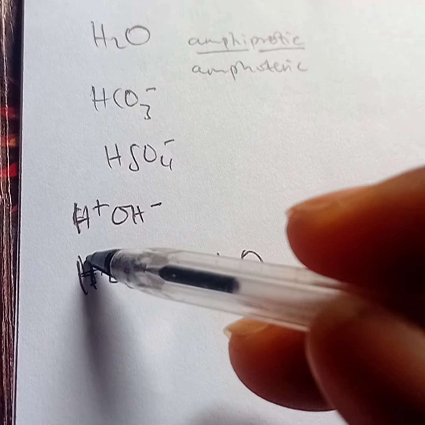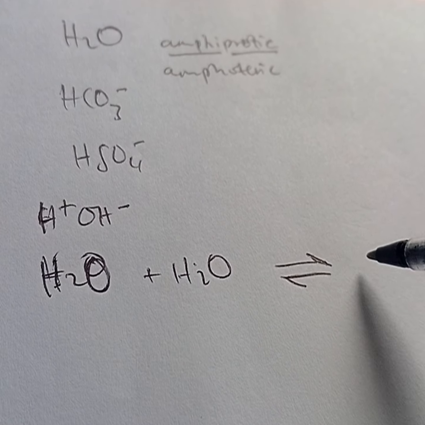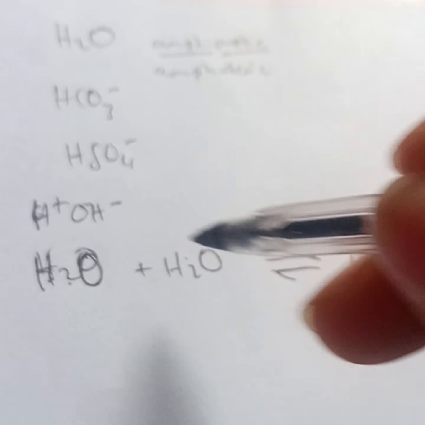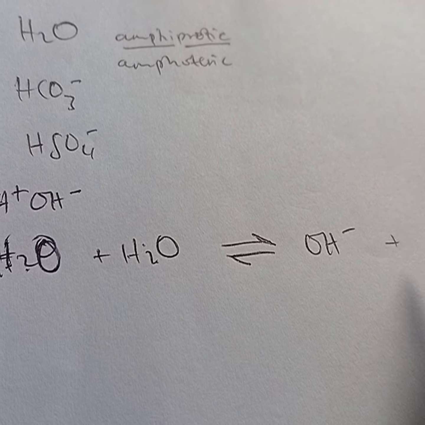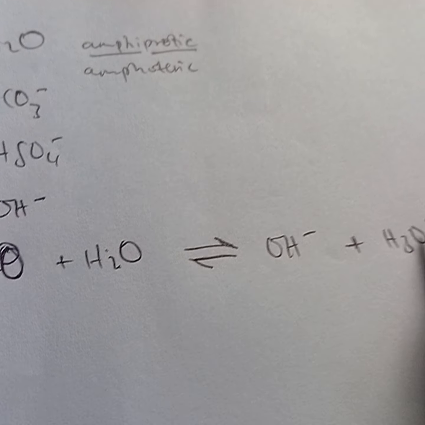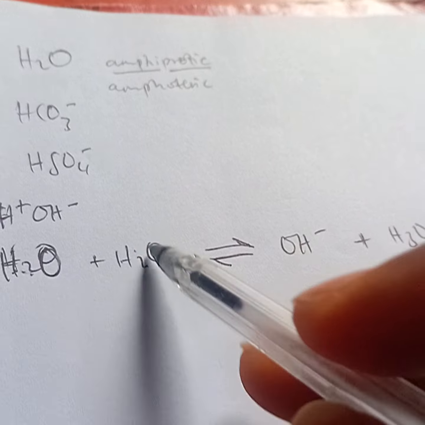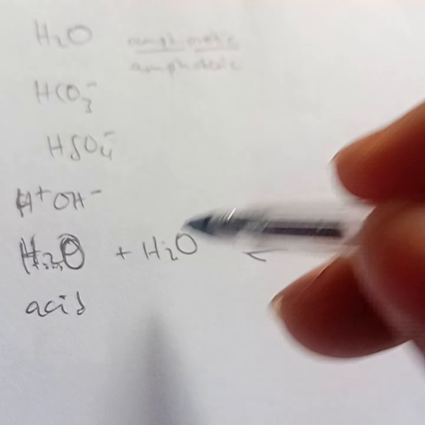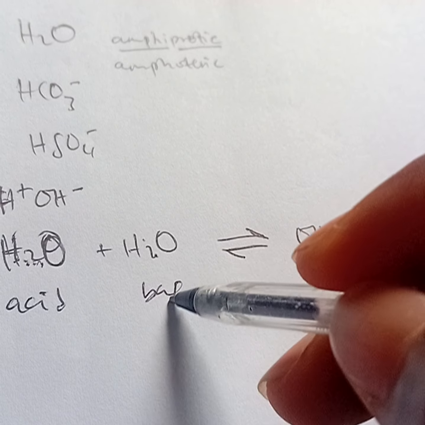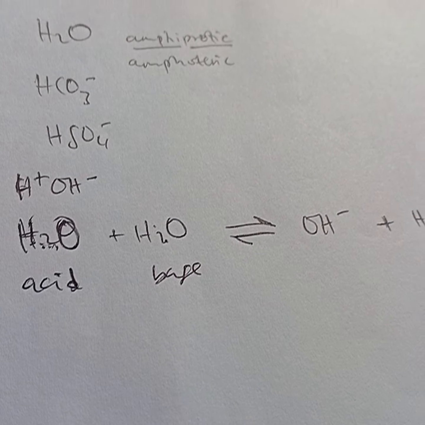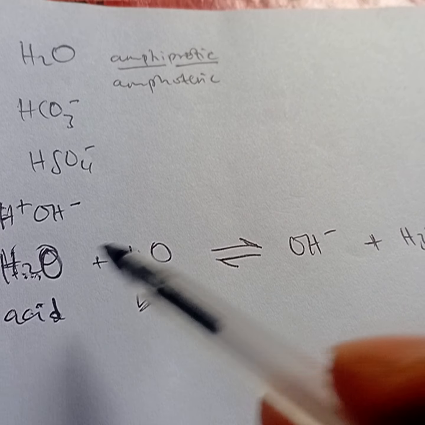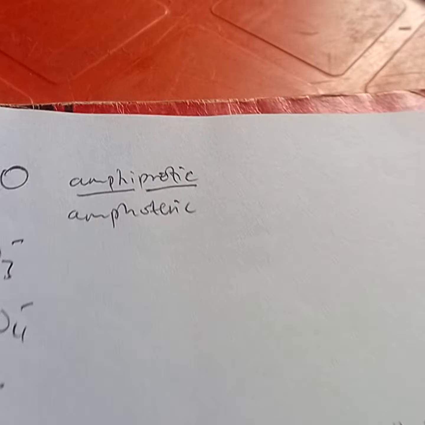So this one is going to lose H plus to this, and is going to form OH minus, and this will gain H plus to form H3O plus. So this water molecule donated a proton, so it behaves as an acid here. This one accepted a proton, behaves as a base here. So you can see water acting as an acid and a base. So it is amphiprotic or amphoteric.